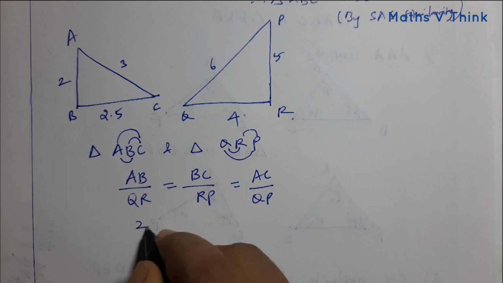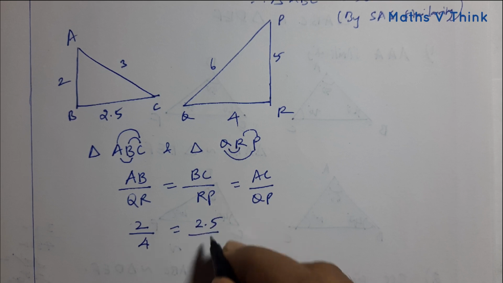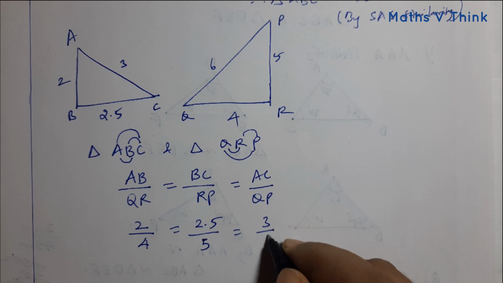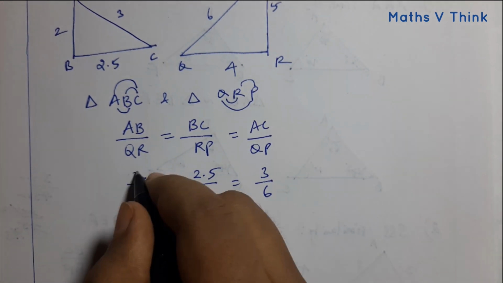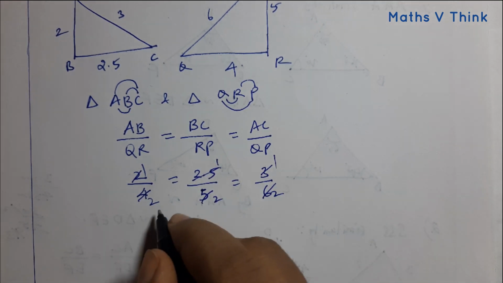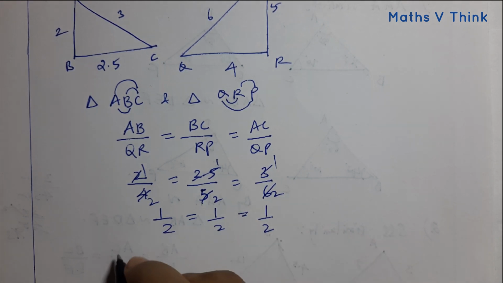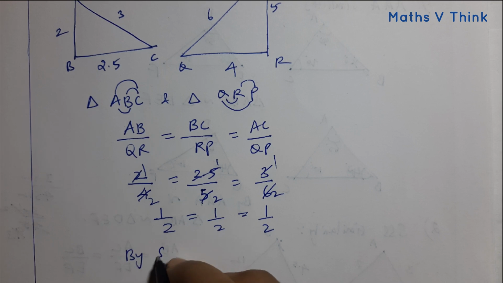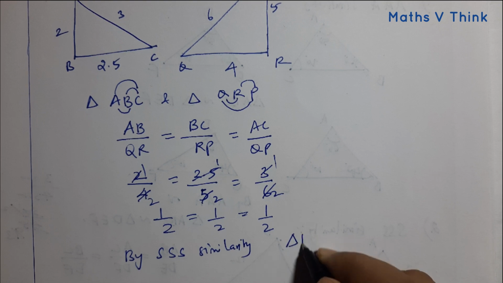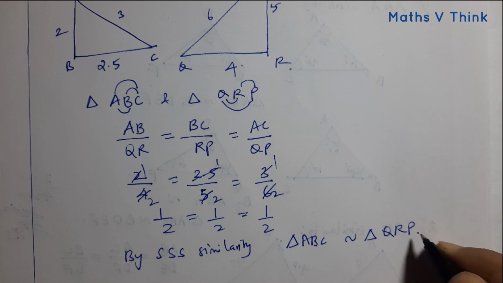So AB is 2 by QR is 4, is equal to BC is 2.5 and PR is 5, AC is 3 and this is 6. 1 by 2, 1 by 2, same with 2.5 by 5, and 3 by 6 is 1 by 2. So I get all the corresponding sides are in the same ratio. Therefore, by side similarity, I can tell triangle ABC is similar to triangle QRP.